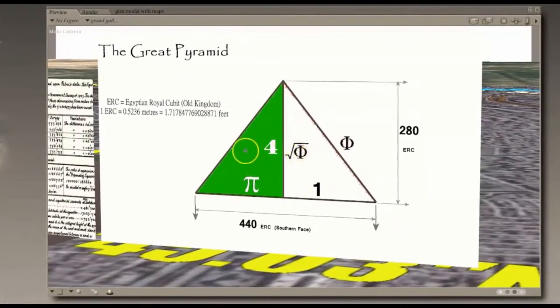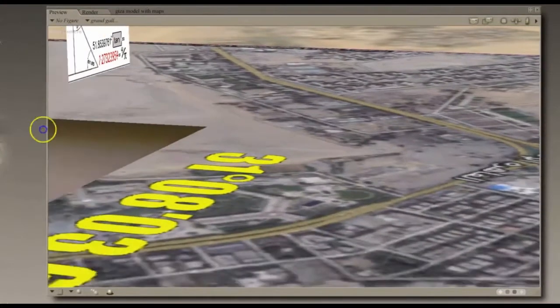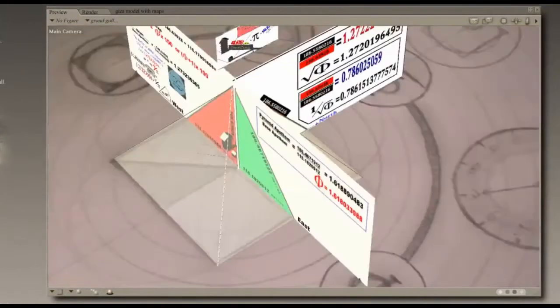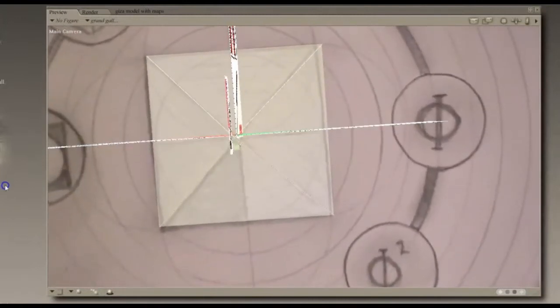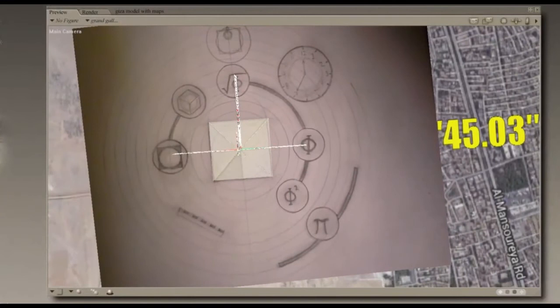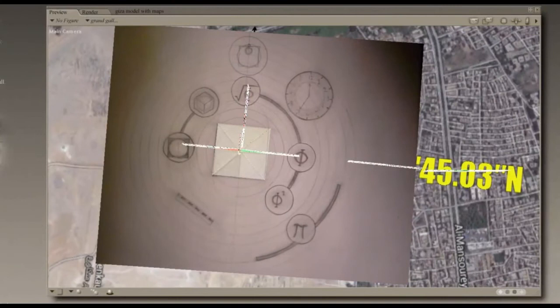And so this is nice, but this is much better because we're being as accurate as we can, and therefore it makes it much more profound. We don't need to round it off. Here is the pattern, here is the plan, here are the measurements. It's a textbook written in stone.